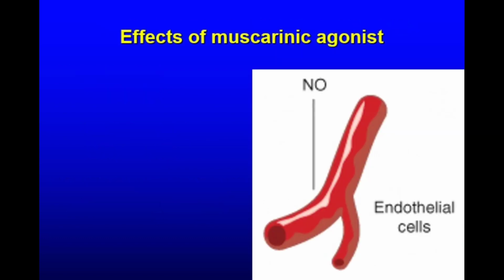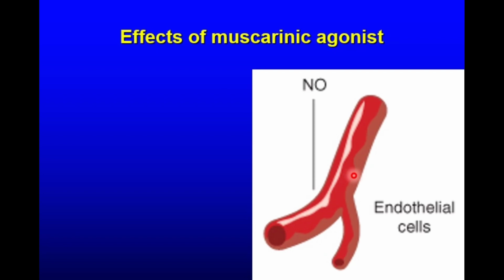The smooth muscle of blood vessels is arranged circularly around the lumen. Most blood vessels receive sympathetic innervation only.